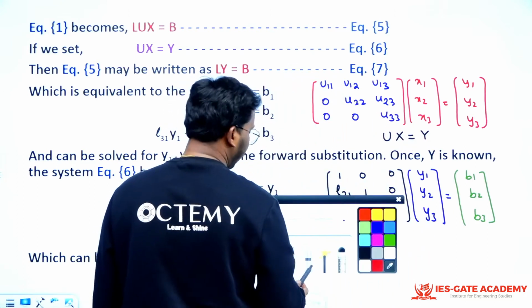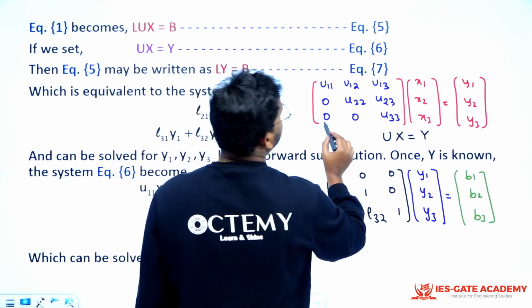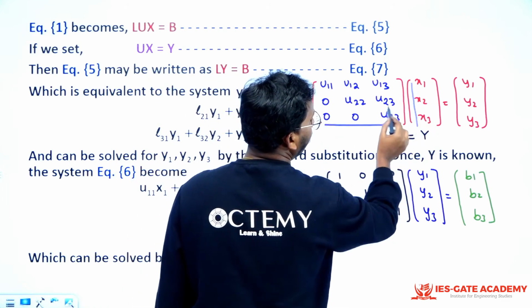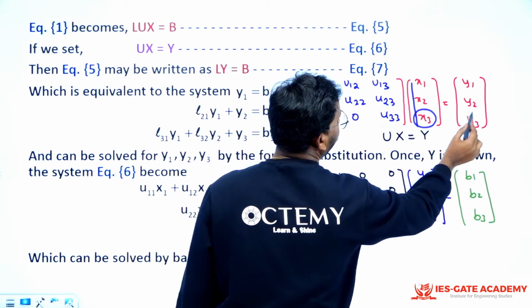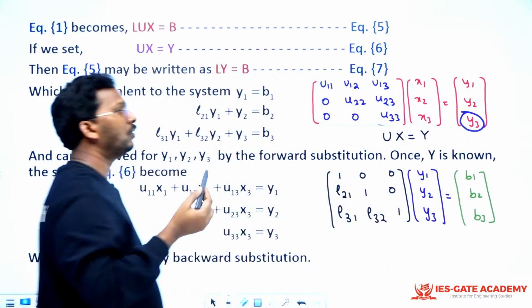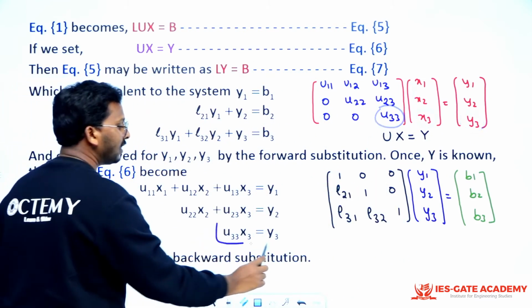Now see, this is perfectly matching. So this into this, if you do, you will get U33 x3 is equal to y3.